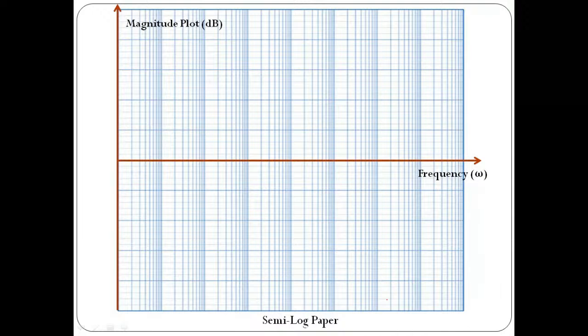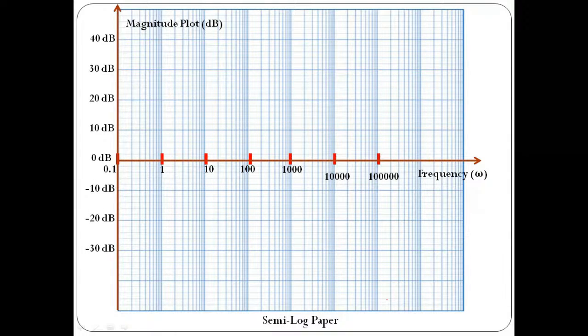This will be your 0.1, then 1, 10, 100, 1000, 10,000, and so on. And on the y-axis we need to indicate the magnitude, that will be in dB. So 0, 10, 20, 30, and so on.